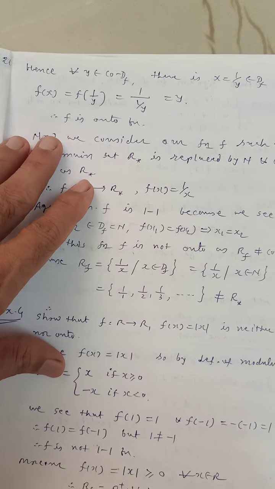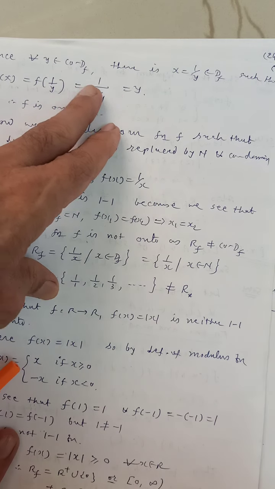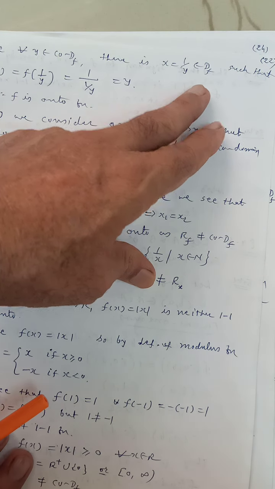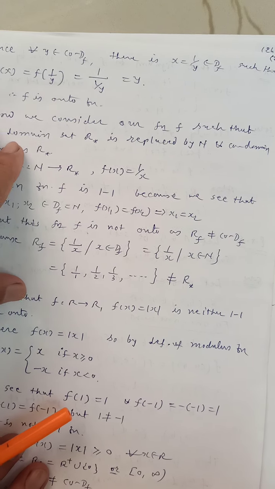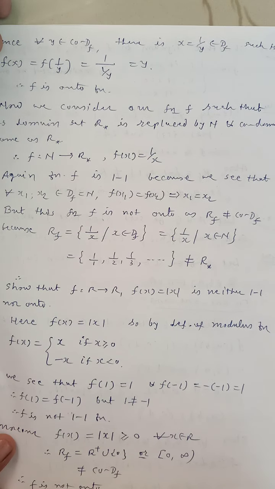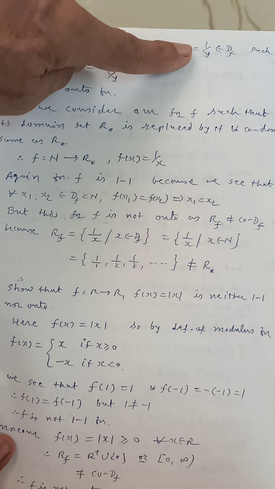So look at how I show. Hence for all y belonging to codomain f, there is x, which we obtain as 1 by y, belonging to domain f such that f(x) equal to y. Now your x is 1 by y, don't forget it.